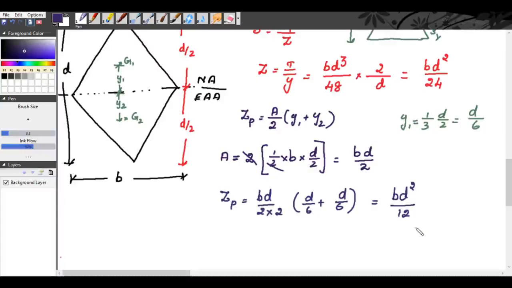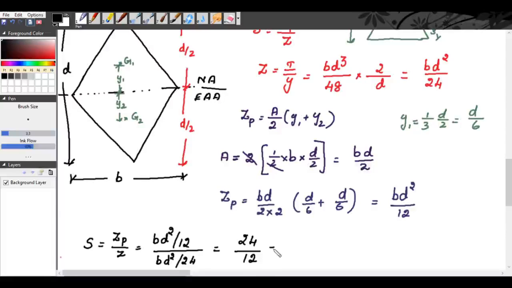Now we will substitute, we get the shape factor for a diamond section S is equal to ZP by Z, plastic section modulus by elastic section modulus. So BD square by 12 divided by Z is BD square by 24. So that is nothing but 24 by 12, that is 2. So which means the shape factor for a diamond section is 2.